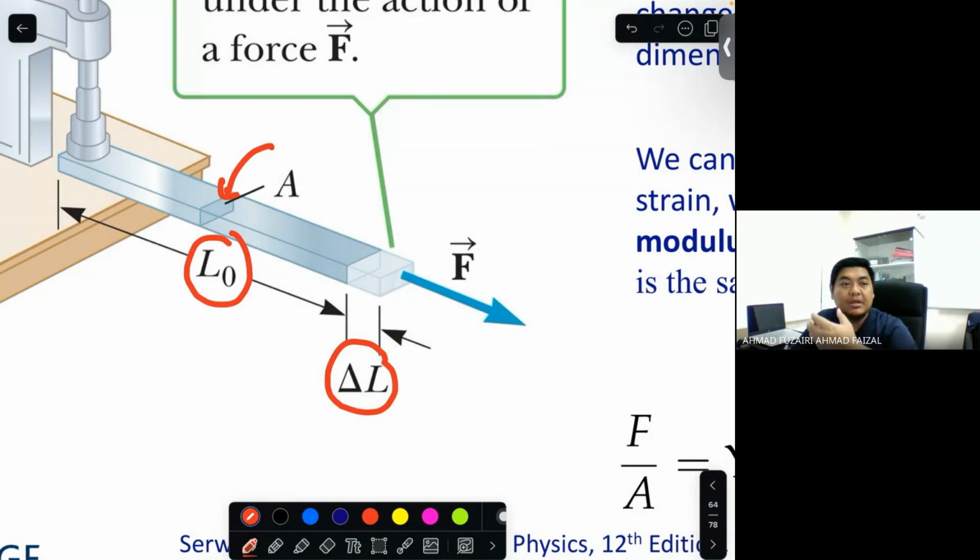The force per unit area is what we call stress.